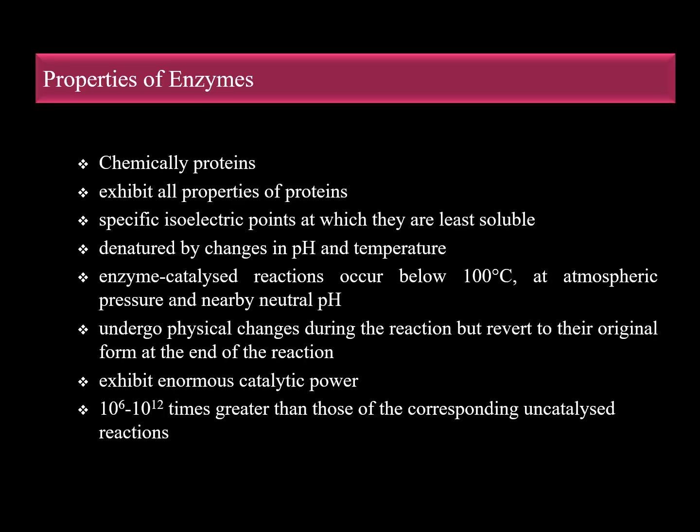Now let us understand enzyme properties in a simple way. Since enzymes are proteins, they show protein-like properties. They have a specific isoelectric point where they become least soluble. Enzymes undergo denaturation when pH or temperature changes too much. Most enzyme-catalyzed reactions happen below 100 degrees Celsius, near normal pressure, and at a neutral pH, which matches body conditions.